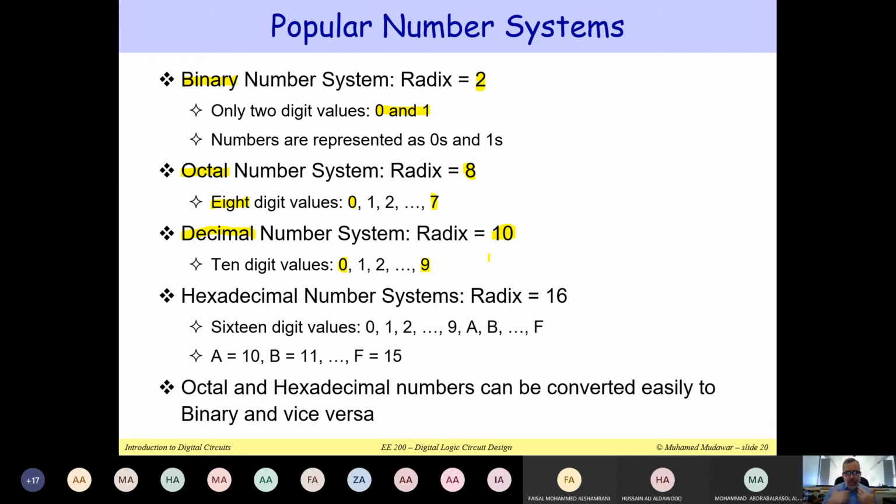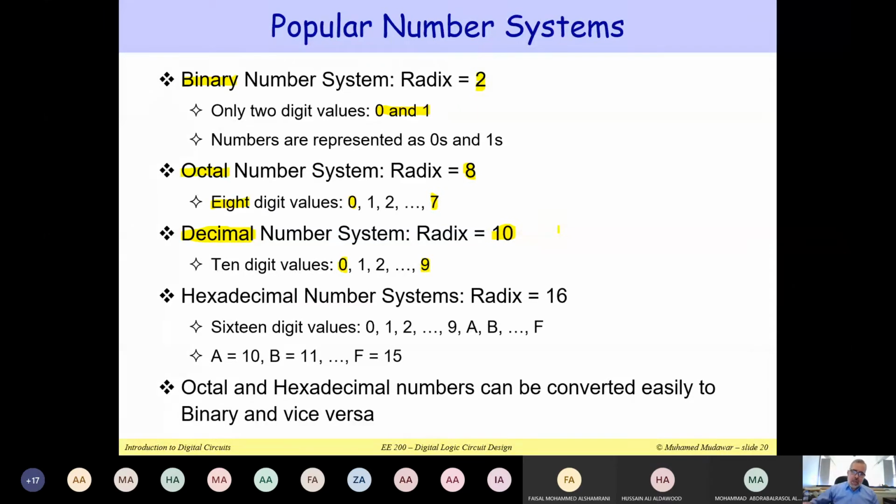When we count and when we do arithmetic, we do it in decimal. So decimal is natural to us as human beings. But we don't really use decimal directly inside the circuits, inside the computer system. We use binary, because it's easier to build circuits which are based on the binary number system.